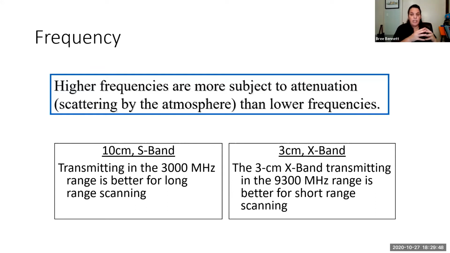The 3 centimeter has a really high frequency, and high frequencies are more subject to scattering than lower frequencies, so they don't last as long. They have a lot of energy, but they don't last as long over longer distances. So for our long range scanning in open ocean, we use the lower frequency, which makes it last longer.